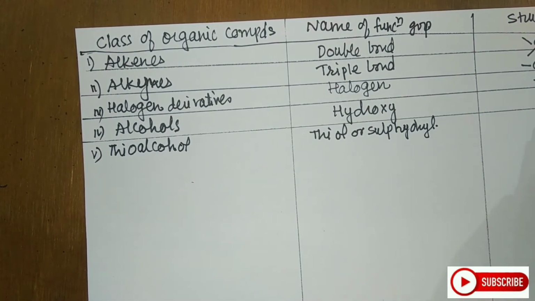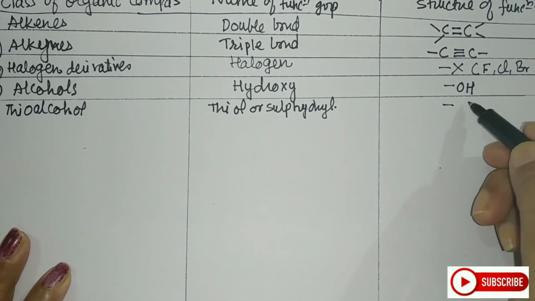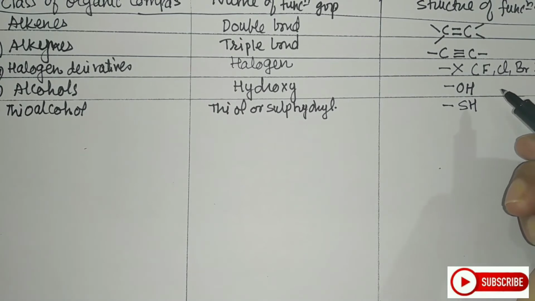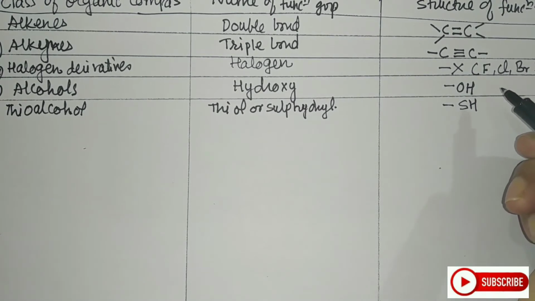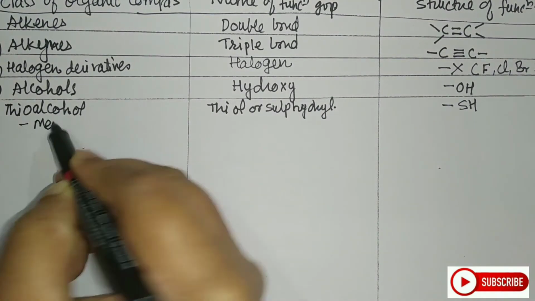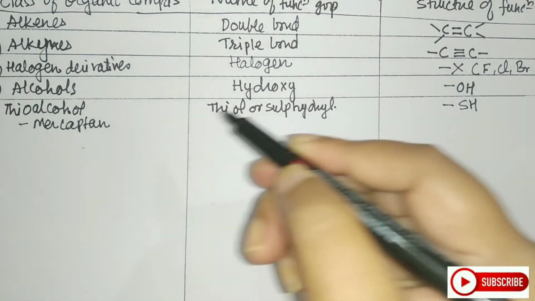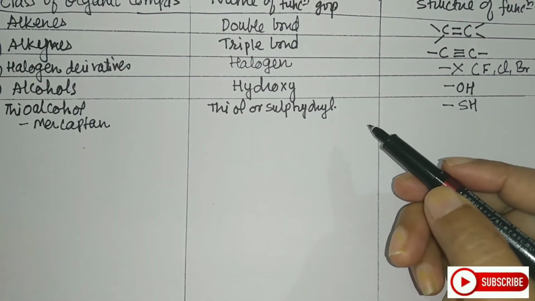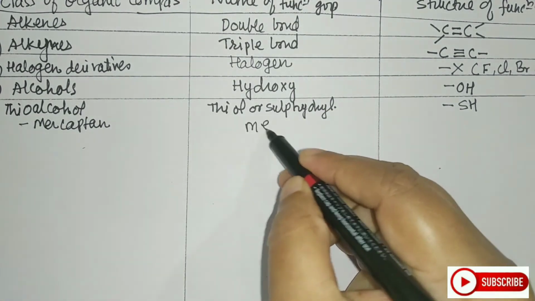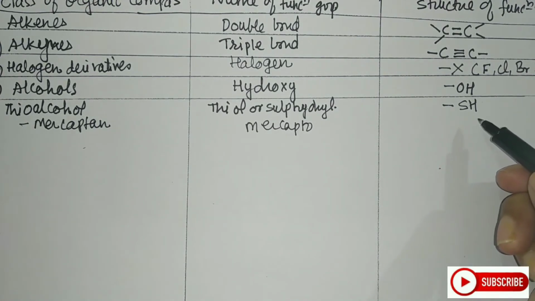The group is represented as SH. Now students, these thioalcohols are also called mercaptans. So that is also one of the words you must know. The name of the functional group is mercapto, and it is represented as SH.